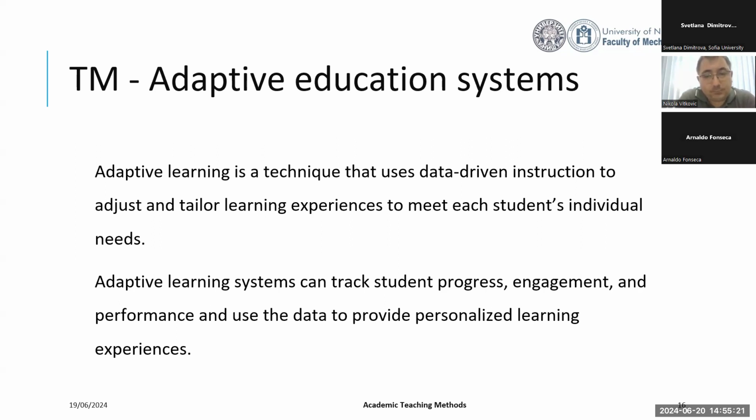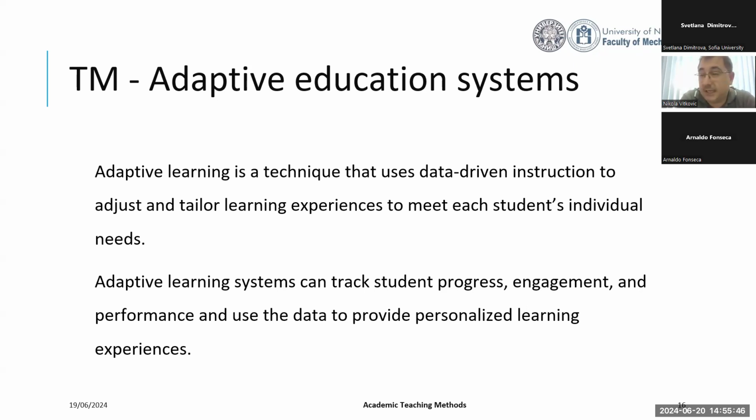Also, adaptive learning nowadays is a technique that uses data-driven, or let's say data-supported, instruction to apply a learning experience and learning practice to each individual student. This system can track student progress, engagement, and performance.